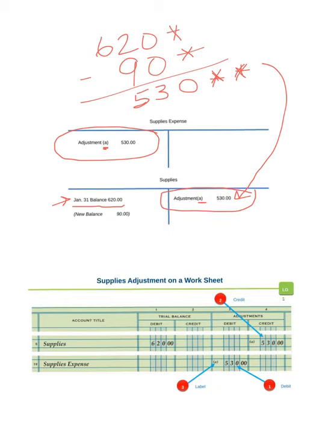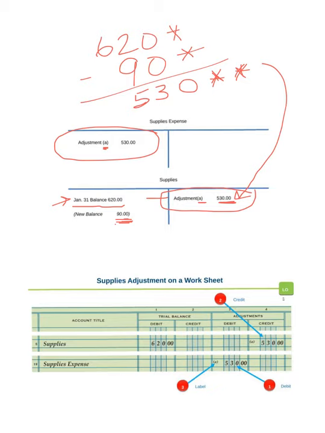Okay? 620 minus 530 gives us a new balance in the supplies account of $90. $90 accurately reflects what we actually have for supplies on hand. So we've planned the adjustments for supplies.